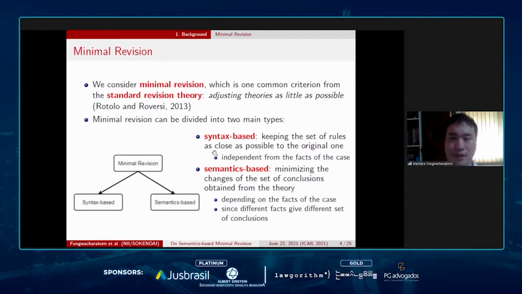This type of minimal revision is independent from the facts of the case. And the second type is semantics-based minimal revision, which is to minimize the change of the set of conclusions obtained from the theory. This type of minimal revision depends on the facts of the case, since different facts give different sets of conclusions.